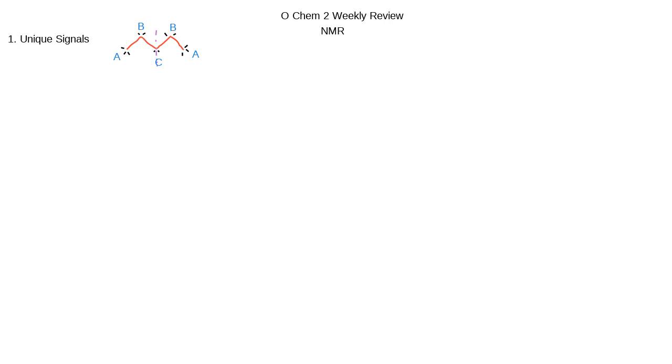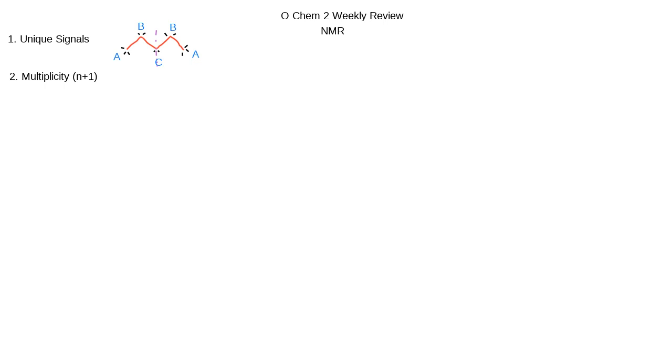Something called multiplicity. Okay? And it has a formula as well. So multiplicity is how, when you get your NMR graph and you have several different peaks, you can tell what neighboring hydrogens are nearby.